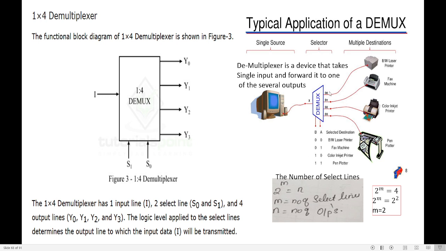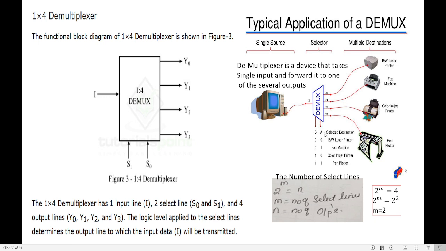In this case, this is a demultiplexer which has a single input and 4 outputs. So the number of output lines is 4. So 2 to the power of m is equal to 4, that is the number of outputs. So 2 power m is equal to 2 to the power of 2, m is equal to 2. So the number of select lines is 2.